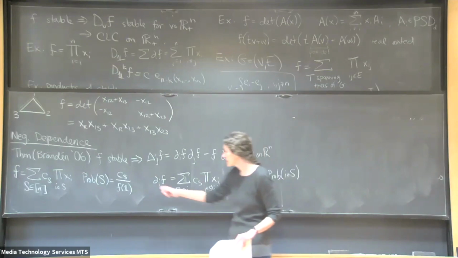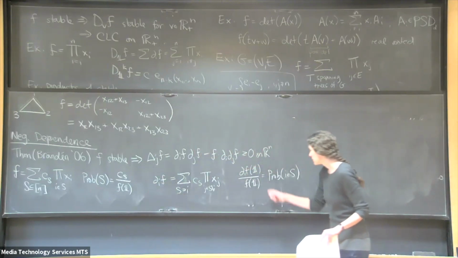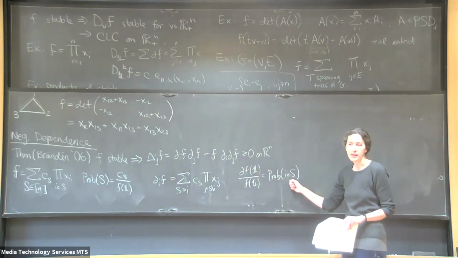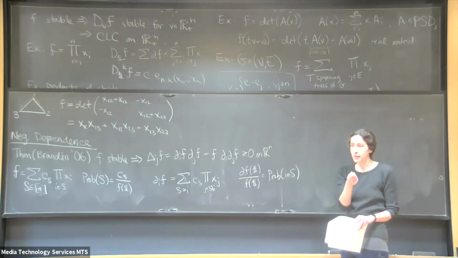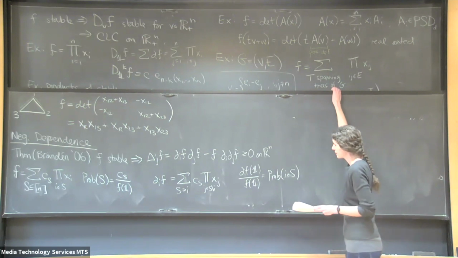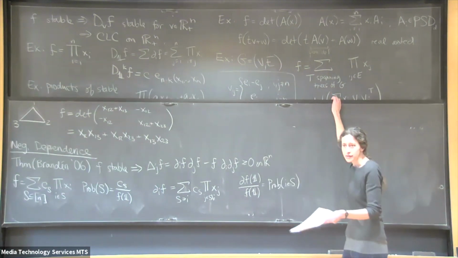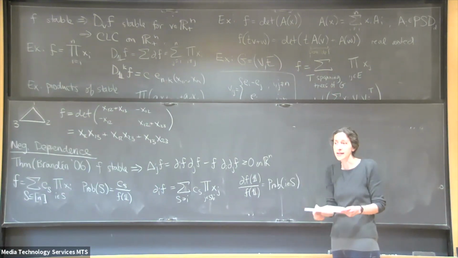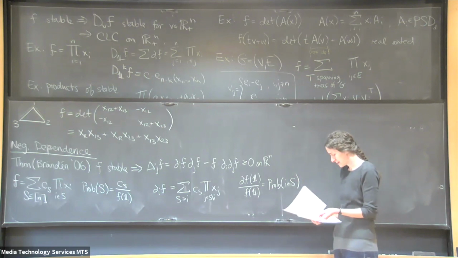Imagine picking a subset with this probability, then this expression gives me exactly the probability that the element i belongs to my set. And similarly, if I keep taking derivatives, I'm conditioning on larger sets being contained in S.